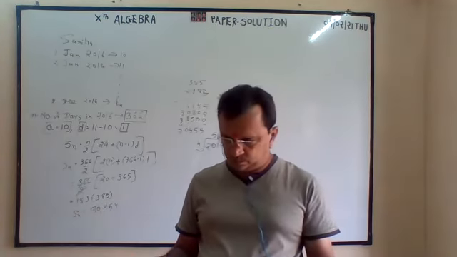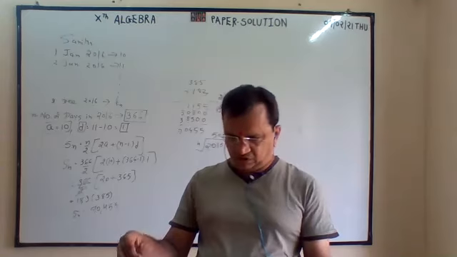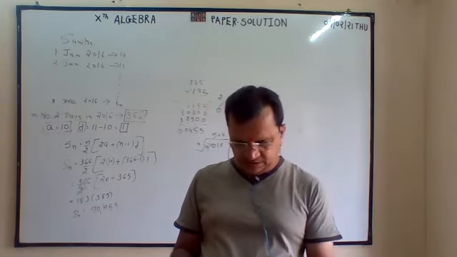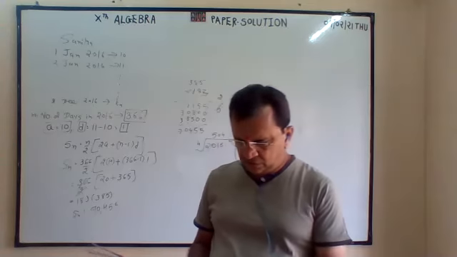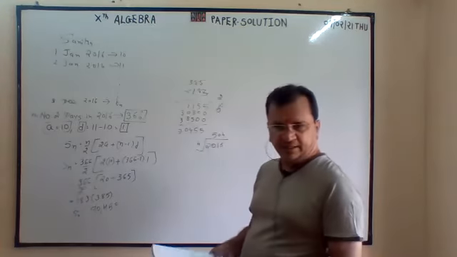Next, GST is not there. 2-digit done. 2 dice roll that are there.